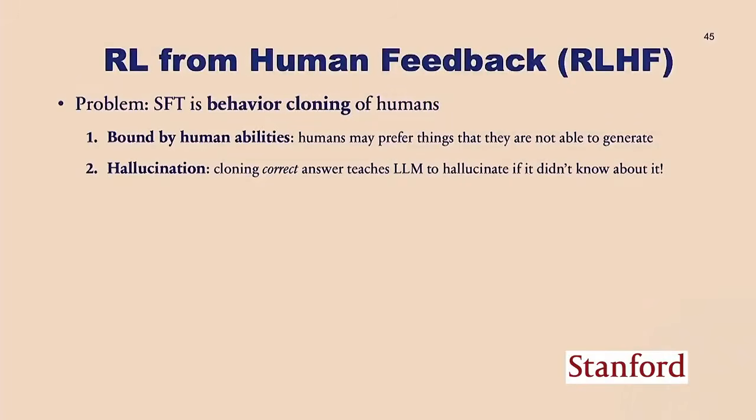Issue number 2, I find that actually pretty interesting, is that if you ever heard of the word hallucination, so this is LLMs generating false information. Hallucination, these people have hypothesized that can come from the supervised fine-tuning, even if you do supervised fine-tuning on data that is correct.